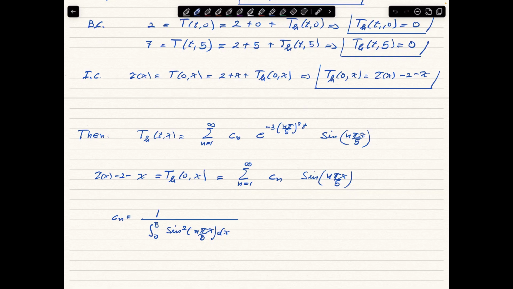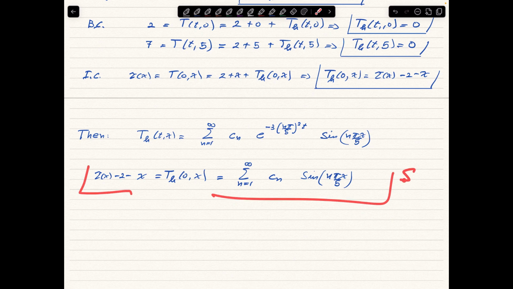Let's go a little bit slower. What we need to do to compute this coefficient is multiply this whole equation by sine of m pi x over 5 and integrate.